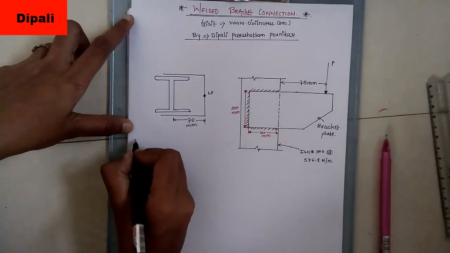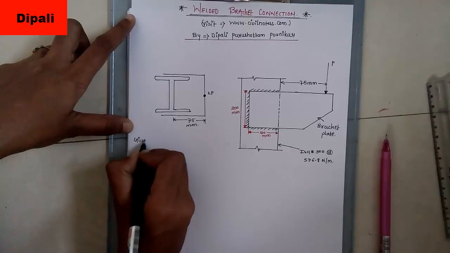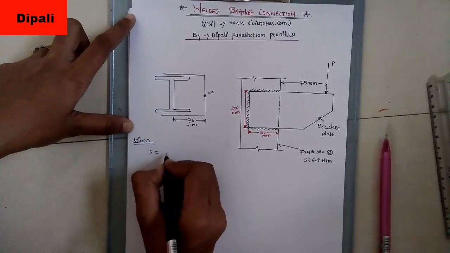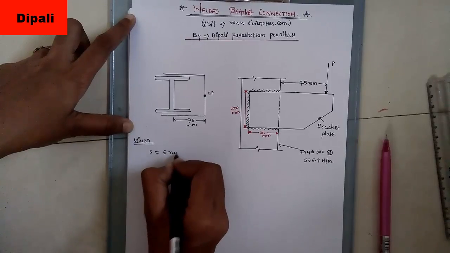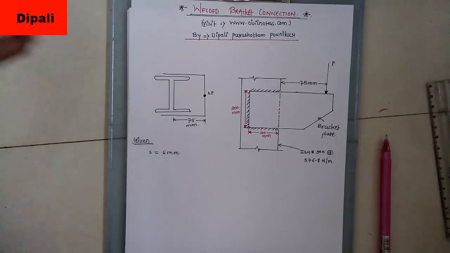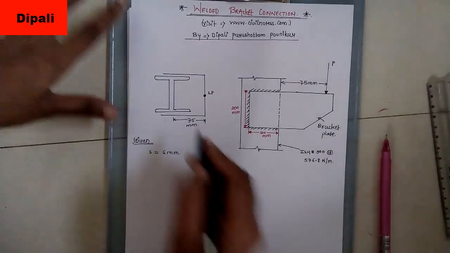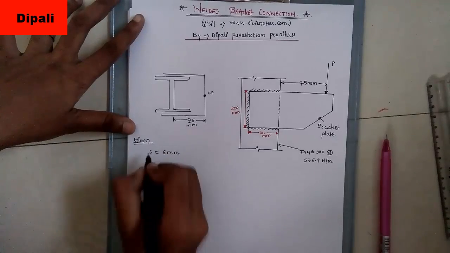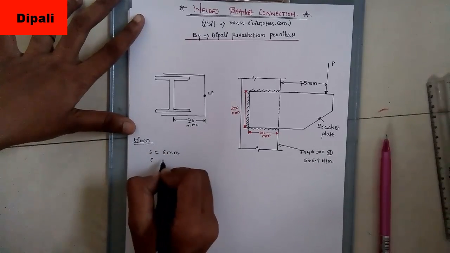The size of the fillet weld is denoted by S, that is 6 mm. Compute the maximum service load that can be placed over the bracket plate at a distance of 75 mm. As you can see in this diagram, this distance is 75.